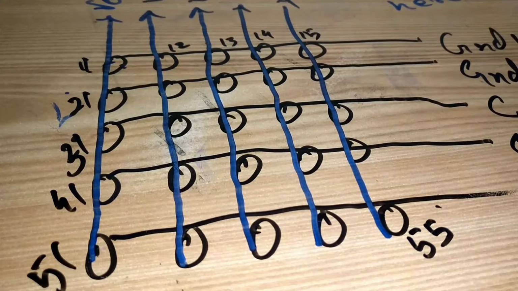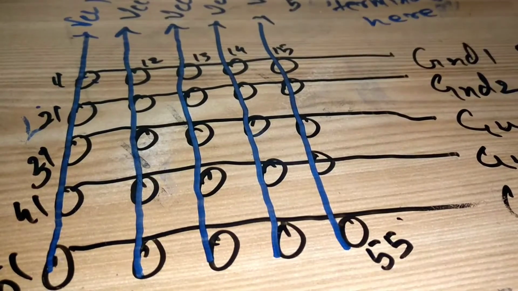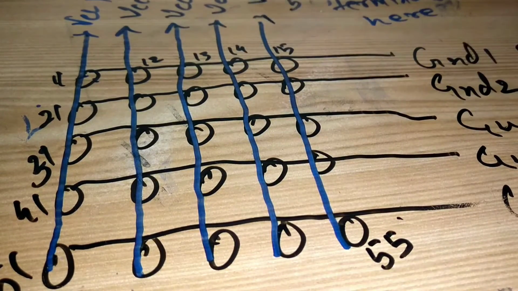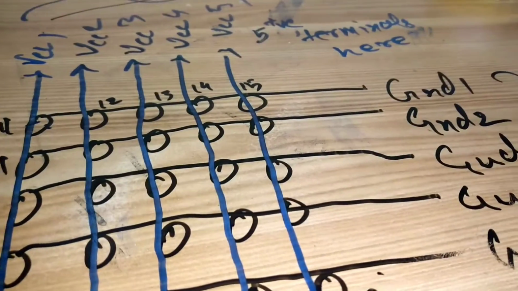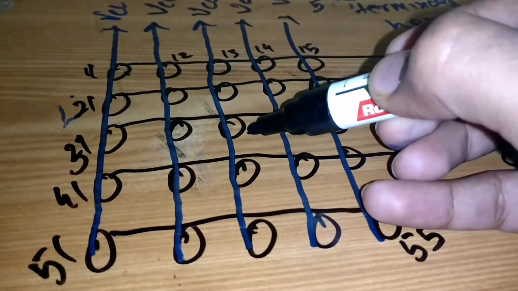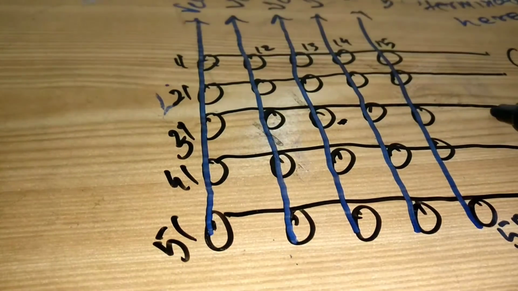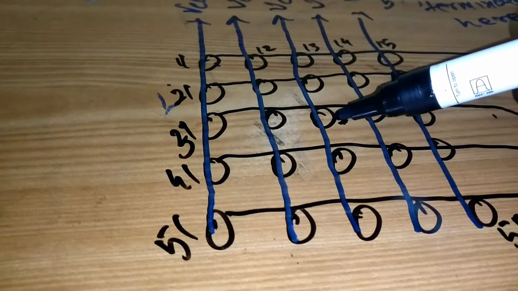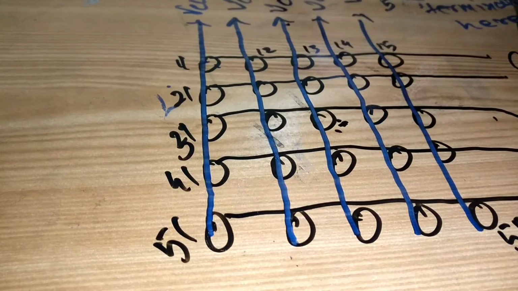So if you want to glow any one of these LEDs, what you have to do is, firstly, all the terminals are not connected to either VCC or ground. So if you want to glow this LED, you have to give ground to this row and VCC to the column at which this LED is connected, that is VCC 3.